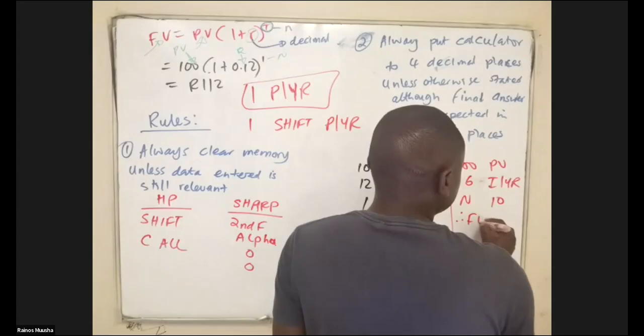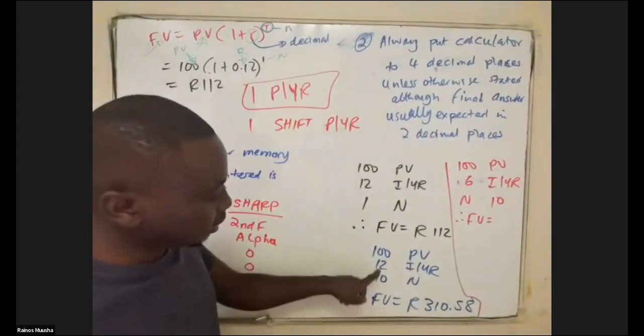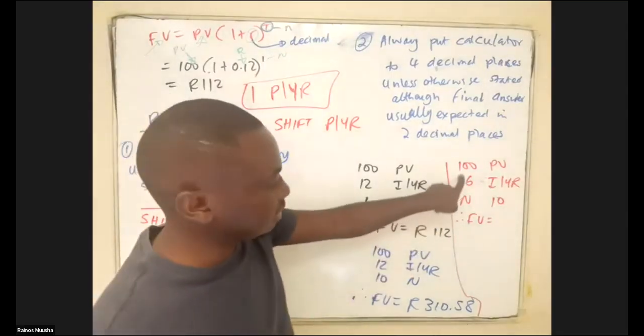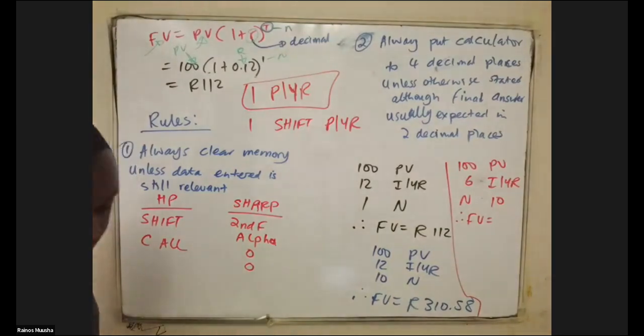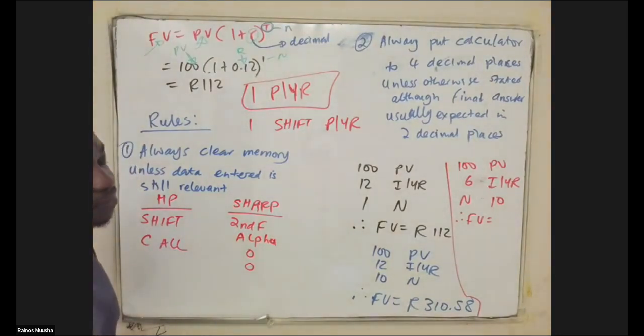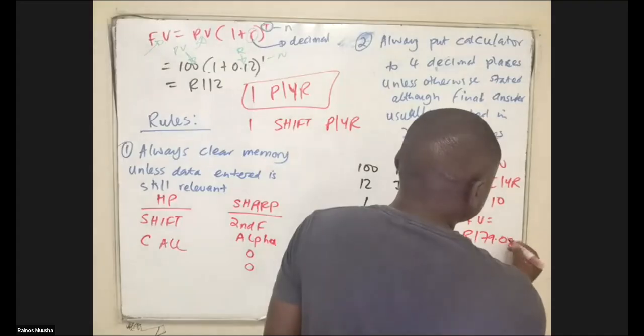How much would you get as the future value? Remember the interest was 12% before, but the interest rate is now 6%. I think I get 179.08. So your future value would be 179.08, isn't it?